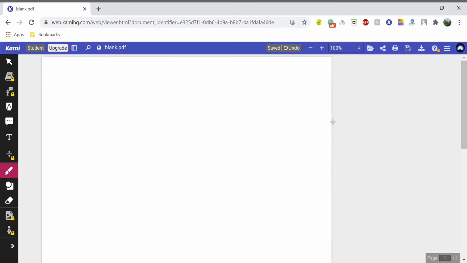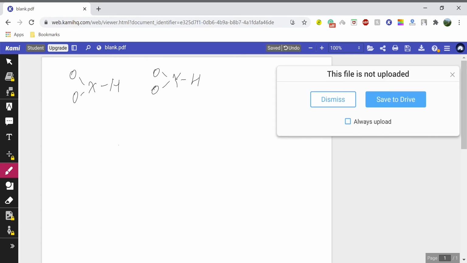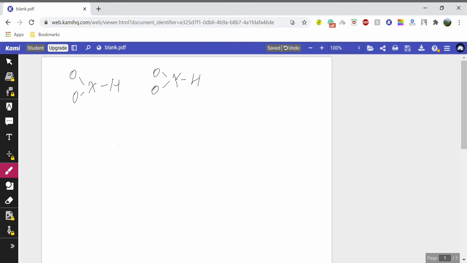Now, what if the number of oxygens is the same and yet the central atom is different? So let's say we have O bonded to X bonded to H, and O bonded to Y bonded to H. Now, in this case, the more electronegative one will have a stronger polarity, which means it will be the stronger acid. So let's assume Y has a stronger electronegativity.